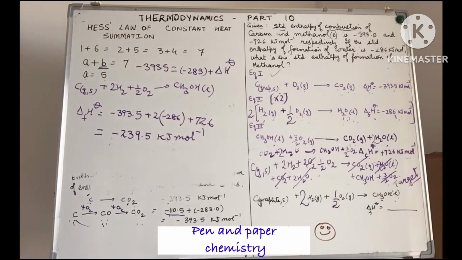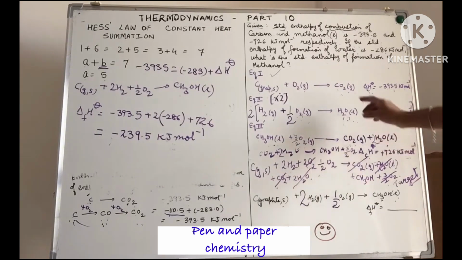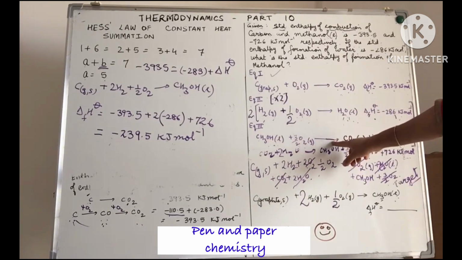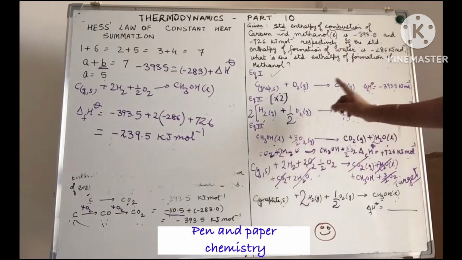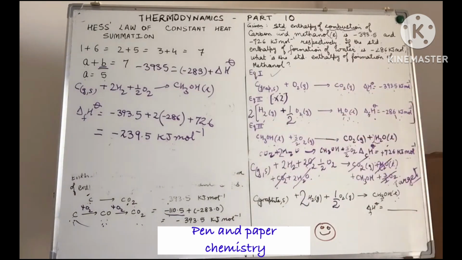Oh, I've got carbon dioxide and water on the right hand side. I don't need them. What will I do with them? Don't worry. Don't panic. Relax. Go on to the third equation. Either you can subtract the third equation, or you can say that we take the reverse of equation 3.